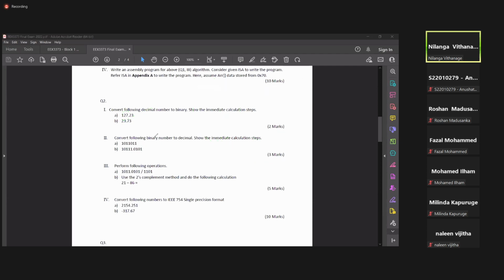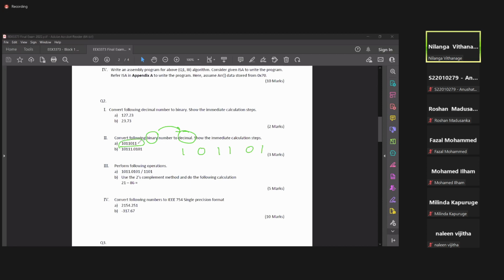When it comes to binary to decimal calculations, the way to do it is to write down the value, like 1 0 1 1 0 1.